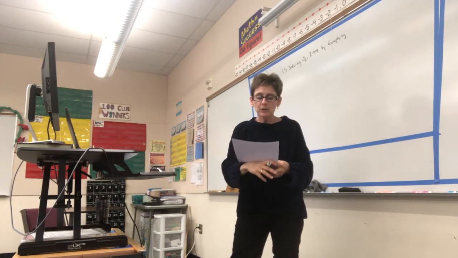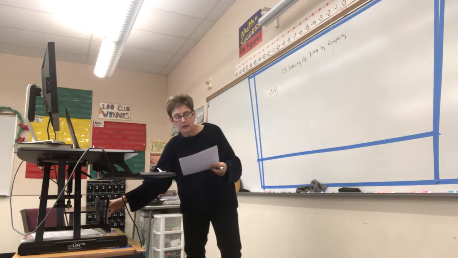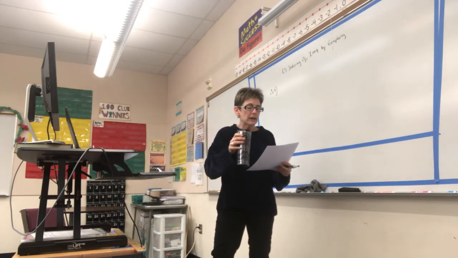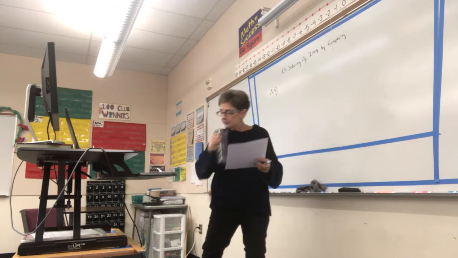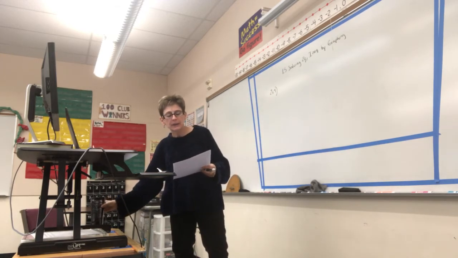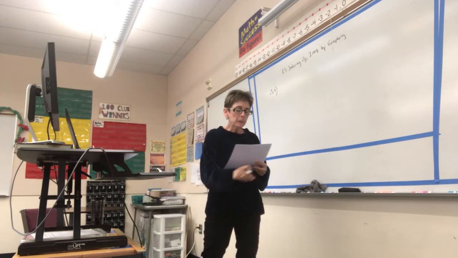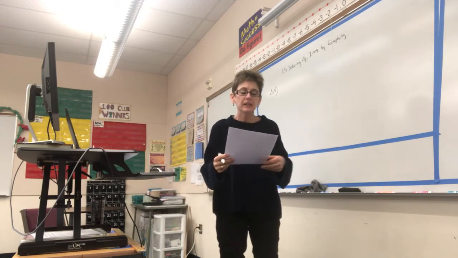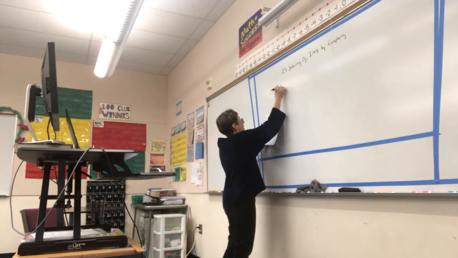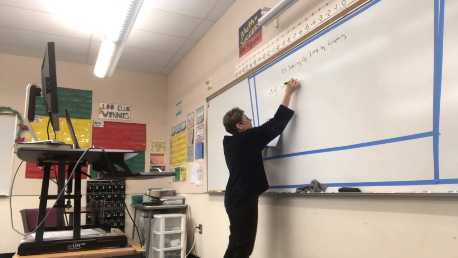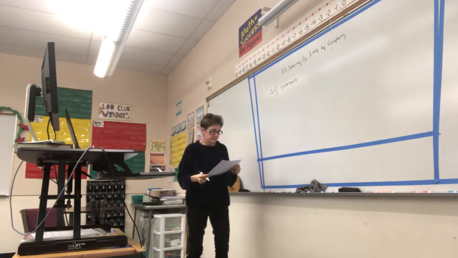This one says, a motorcycle is 40 miles ahead of a car. The motorcycle travels at an average rate of 40 miles per hour. The car travels at a rate of 60 miles an hour. When will the car be ahead of the motorcycle? So in this particular case, we're going to have x be the number of hours, because it's asking us when something will happen.